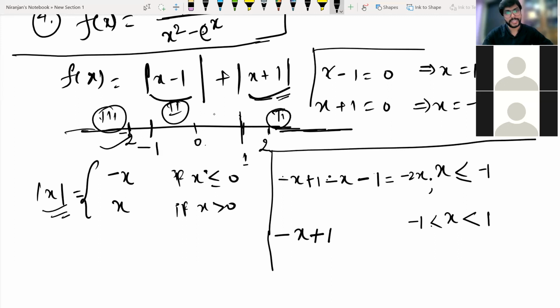If you are getting a negative number inside, then open these terms with a minus sign. If you get a positive number, then open it up using the other definition. Same definition that you will have to use in each interval.